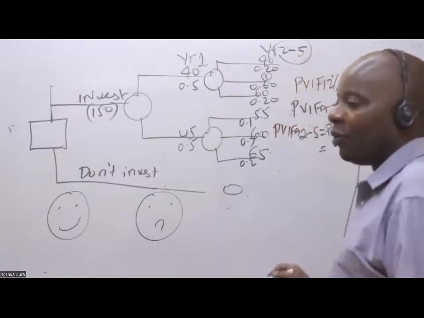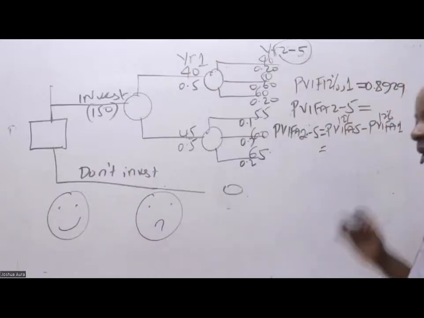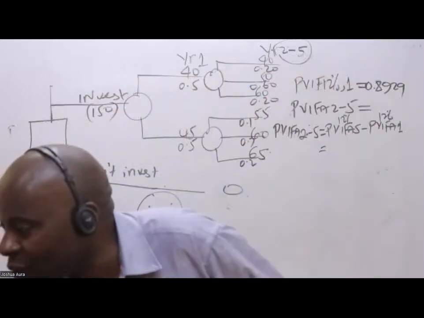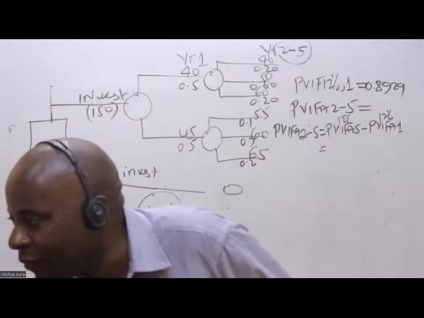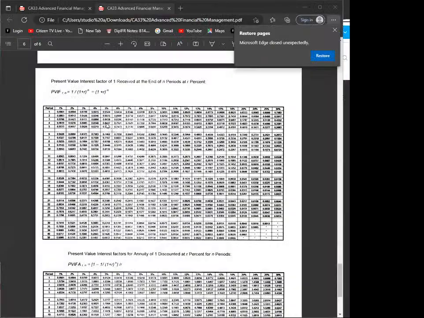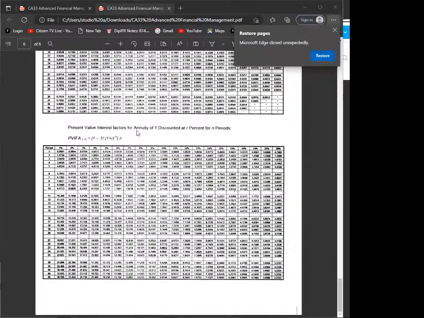So are you able to read for me PV-FA 5, 12%? I'll come to my table here. PV-FA, remember it's now annuity, yeah?